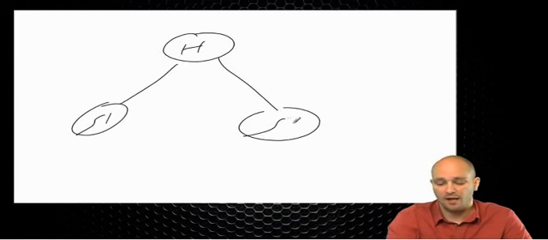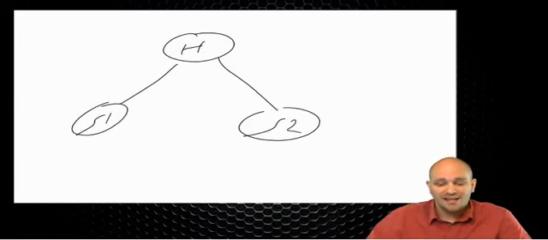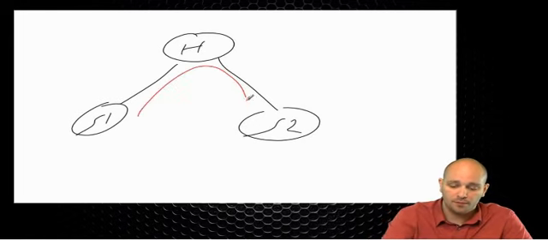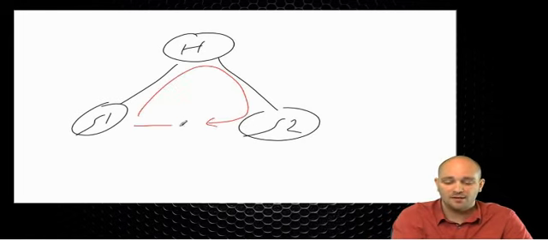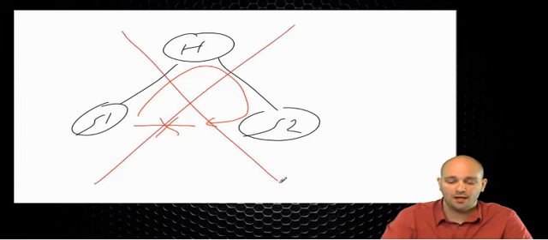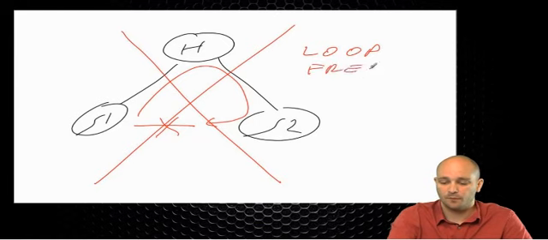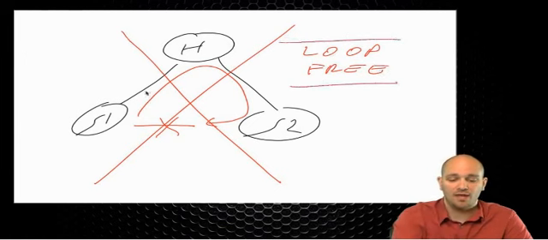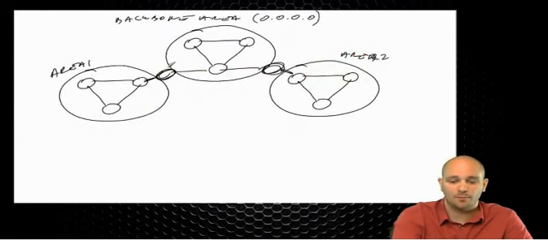Now, if you have hub and spoke, can you actually have a loop in a hub and spoke environment if you don't have spoke-to-spoke connectivity? You cannot. This is loop-free by definition. So this is why we have area 0, the backbone area.